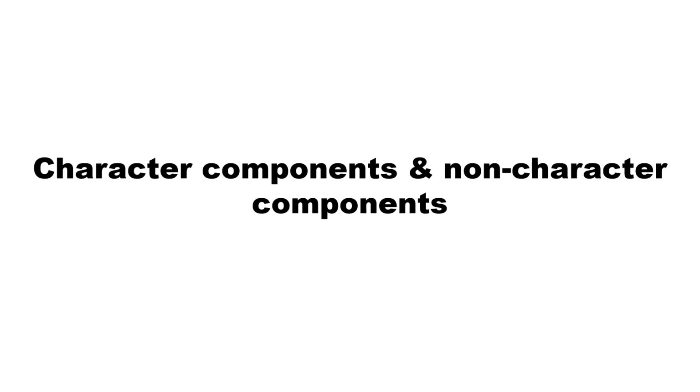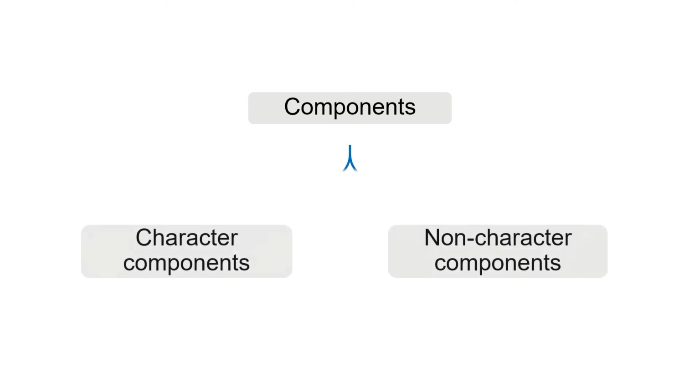Then, let's look at character components and non-character components. According to whether the component itself is an independent character, there are two kinds of components: character component and non-character component.